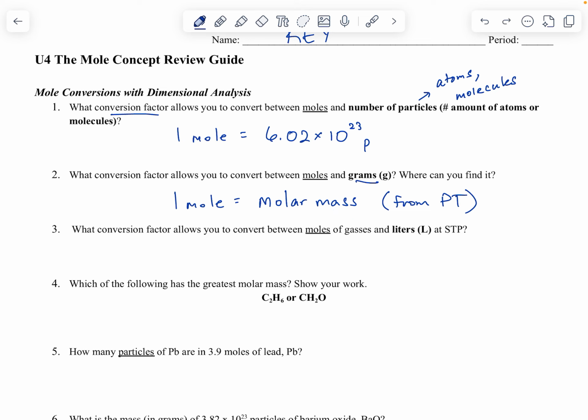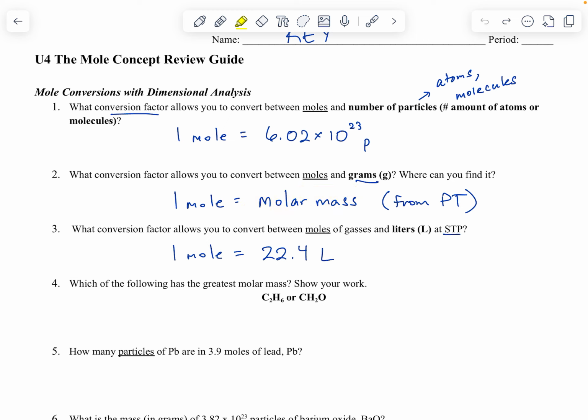All right, but last but not least, liters at STP. Again, that just means standard temperature and pressure. That means that 1 mole is equal to 22.4 liters of gas, whatever gas we have. So you could see that the only conversion factor that's going to have a different value equal to 1 mole potentially is the molar mass, because that depends on what the actual substance is that we're looking at.